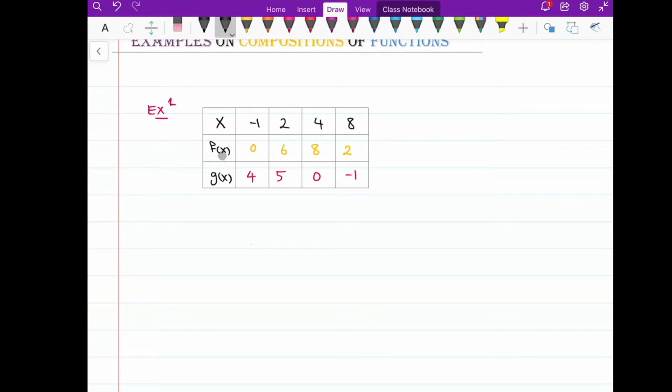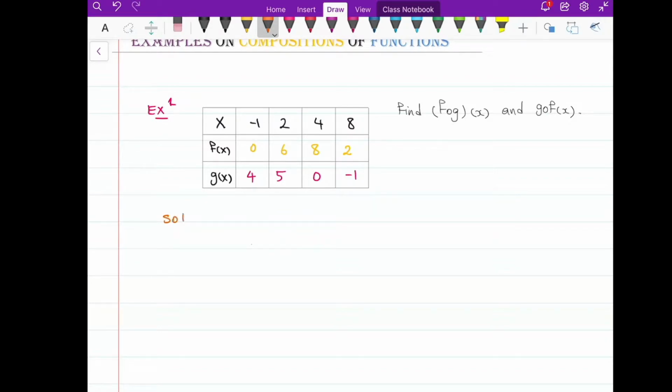The function f at -1 is 0, at 2 is 6, at 4 is 8, and f of 8 is 2, and g at -1 is 4, g at 2 is 5, g at 4 is 0, and g at 8 is -1. Okay, find f∘g for any x and g∘f for any x.